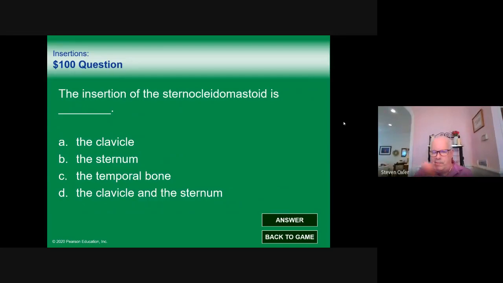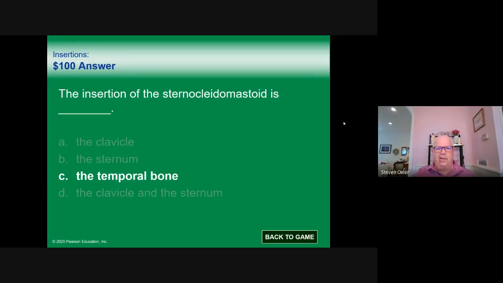We talked about insertions. If the first part is the origin, the last part is the insertion. I told you this answer. What's the answer to this question? Temporal bone. Yes, temporal bone.